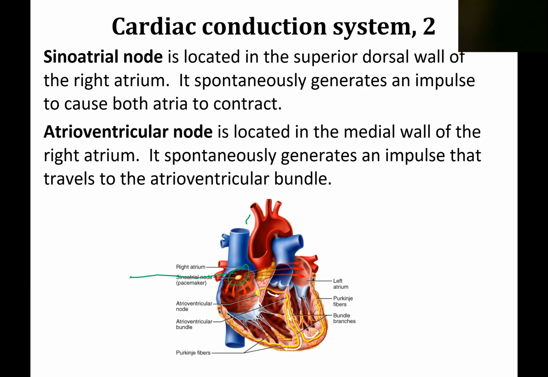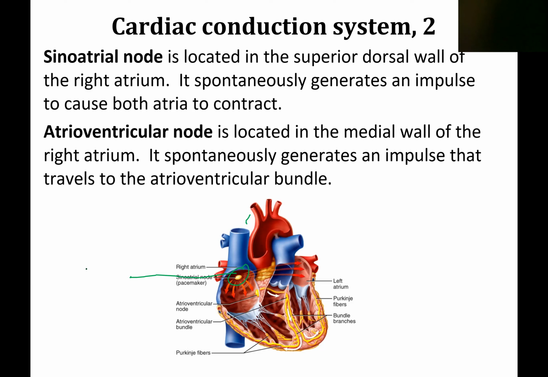The sinoatrial node is located in the superior dorsal wall of the right atrium. It spontaneously generates impulses to cause both atria to contract. So the whole chamber acts as a unit, and now we're showing that both atria contract and relax at the same time.